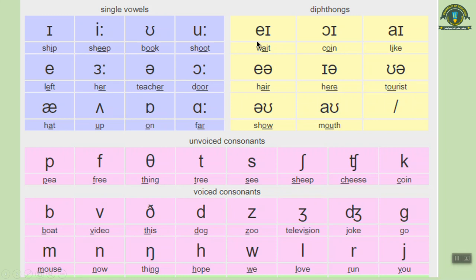So we are going to look at these, like this is a sound, a as in wait, or a as in Monday or okay. So it is a. Then the next is oi as in coin, as in boy. So the word is boy, it's not boy.